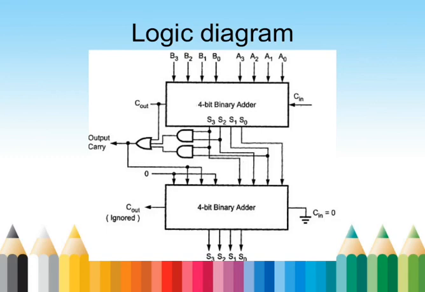It has an initial input carry Cin and produces the carry output Cout. The second 4-bit binary adder is used to correct the invalid BCD into a valid BCD by adding the correction bits 0110.